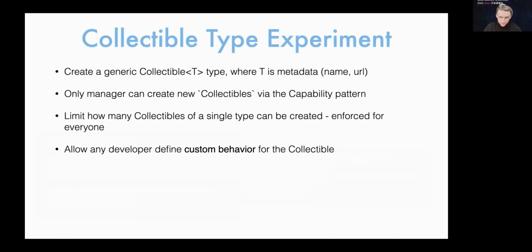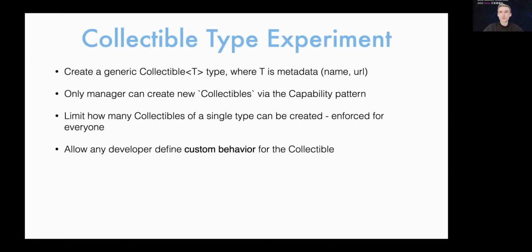And so for that, we need to define a collectible T type, where T will be a metadata or any object that actually has store and drop abilities. And we'll set a few ground rules so that only a manager can create new collectibles and will authorize this action via the capability pattern.